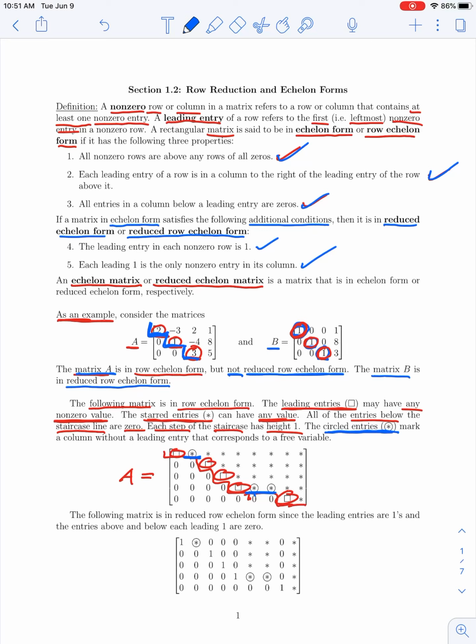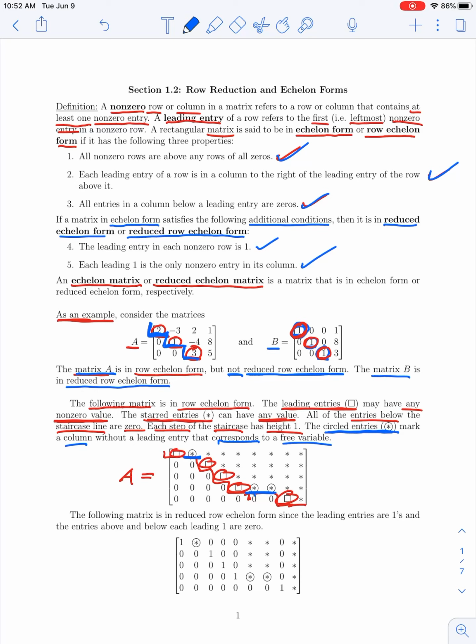And what we're going to see throughout this section is if we're using this matrix as the augmented matrix for a linear system, those columns will be used for variables that will correspond to free variables. That is, I'm free to choose those variables however I want.